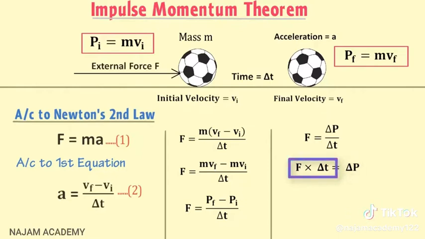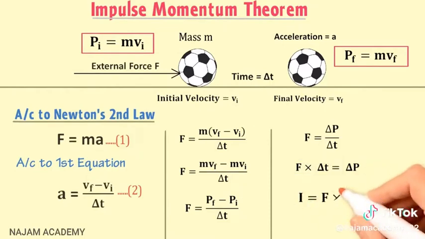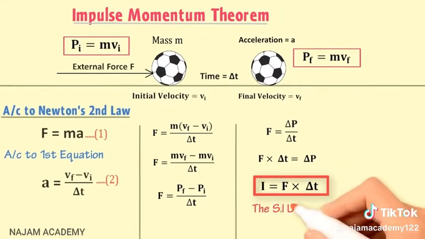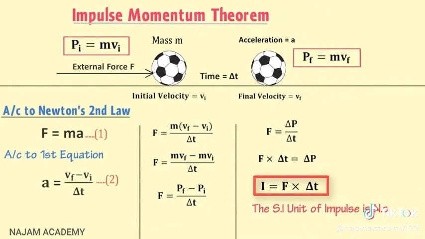Now, the product of force and time in physics is known as an impulse. Impulse I is equal to F into t. The SI unit of impulse is Newton second. Remember that impulse is equal to change in momentum, or impulse changes the momentum of an object.